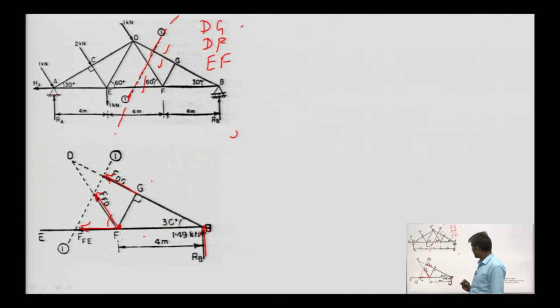So, first of all, if we want to find the force, then we need to calculate the reaction RB first. How will it be calculated? It will be calculated using the equilibrium equation in this entire truss.